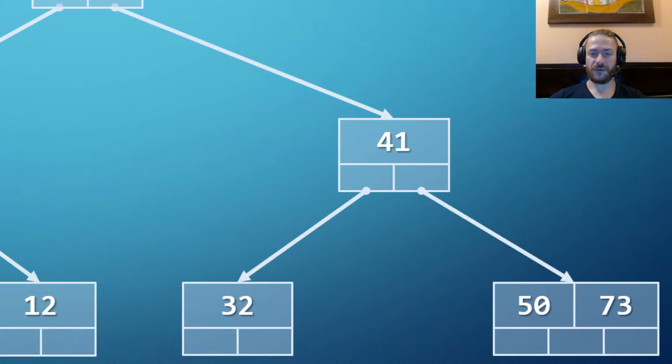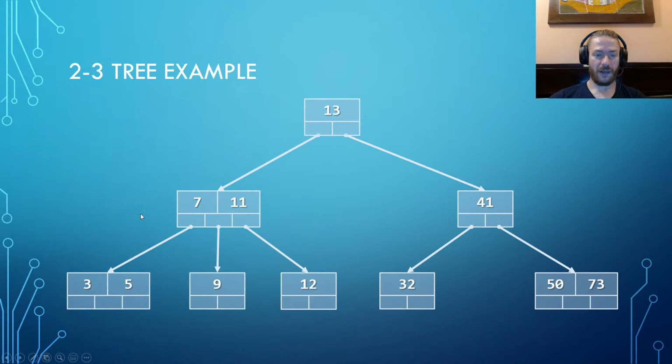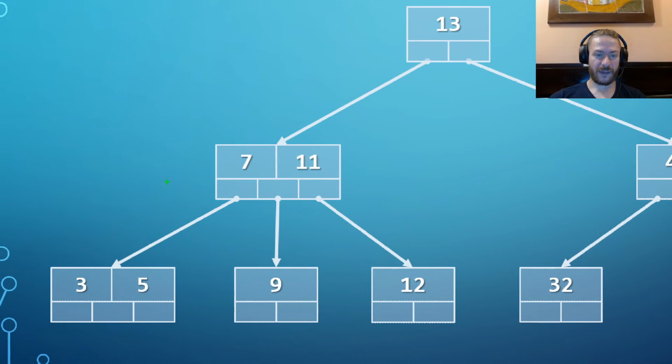If we have a 2 node, it means that it has only 2 connections and only one value stored here. This performs like a normal binary search tree. Everything to the left is smaller than 41 and everything to the right is bigger. But then we have a 3 node which has 3 connections.